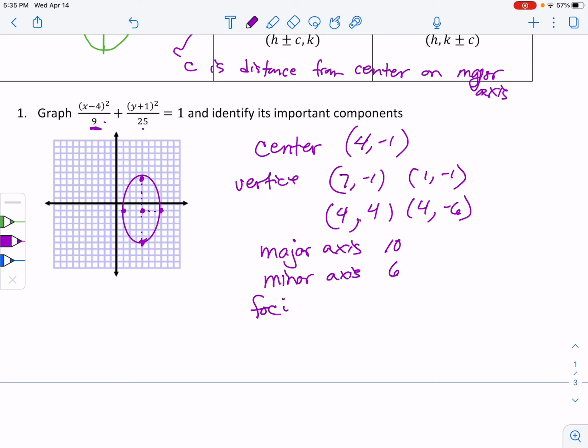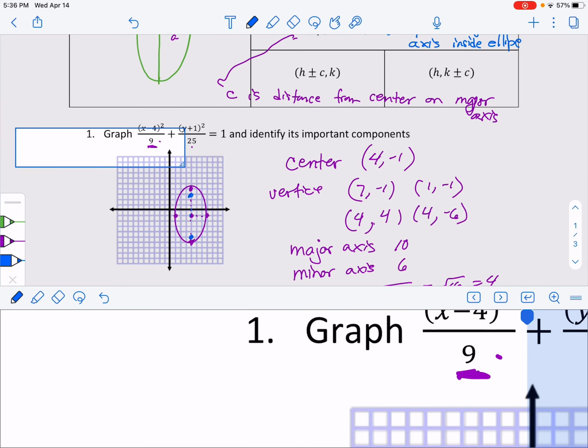Okay, so you take the square root of 25 minus 9, which is the square root of 16, which equals 4. Now remember, they're on the long axis. So I'm going to start at the center and go up 4, and I'm going to start at the center and go down 4. The x didn't change, the y did. I went from negative 1 and added 4.